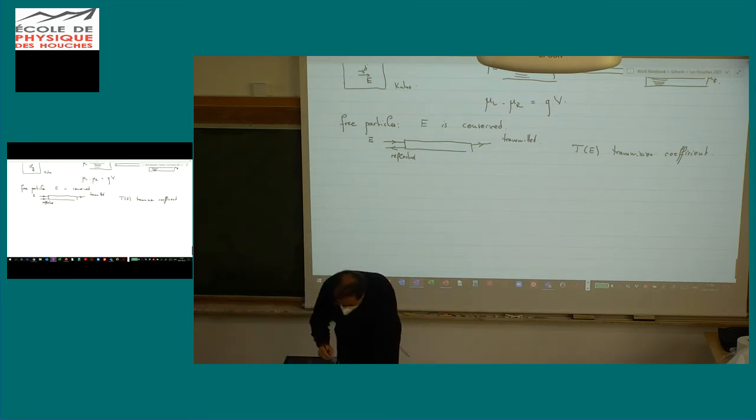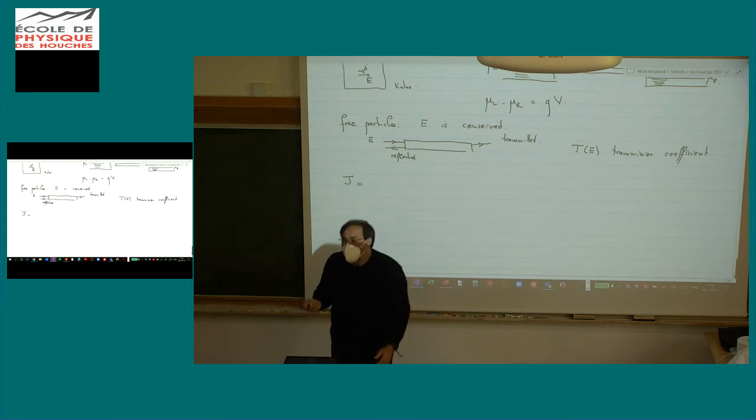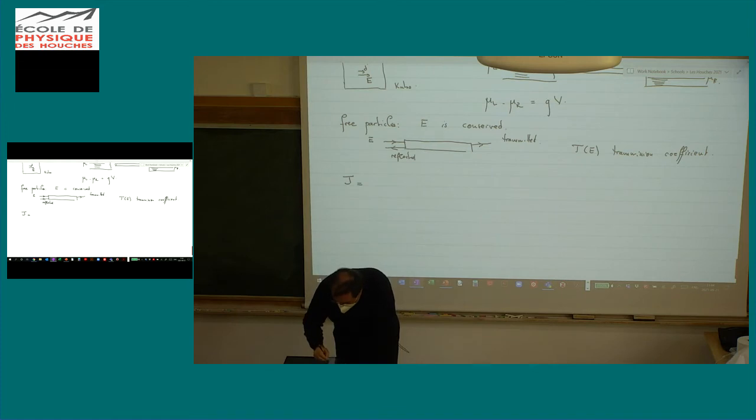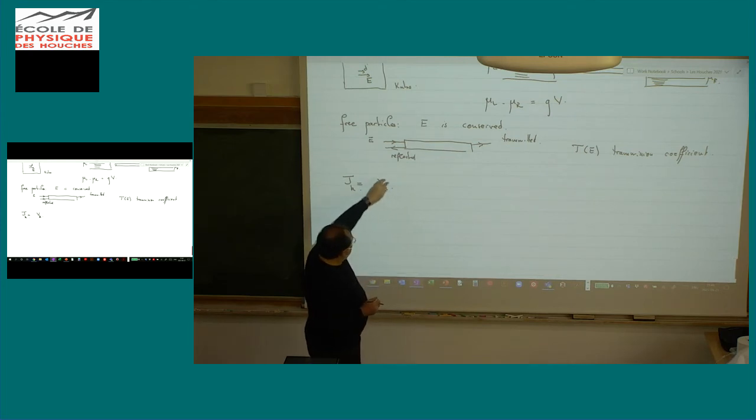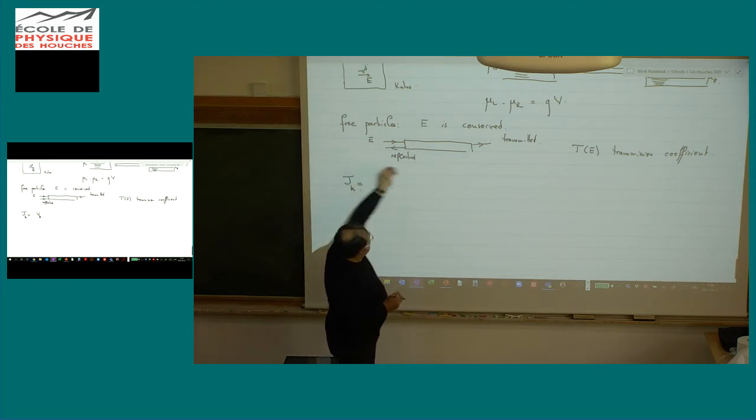So what is this current? The current will be the velocity of the particle. The current is always rho, the charge, the density of matter or the density of charge, times the velocity of the particles. So this is the velocity which will depend on the wave vector k. So this is the current per wave vector k. And then I need to know what is the number of particles which have been carrying this current.